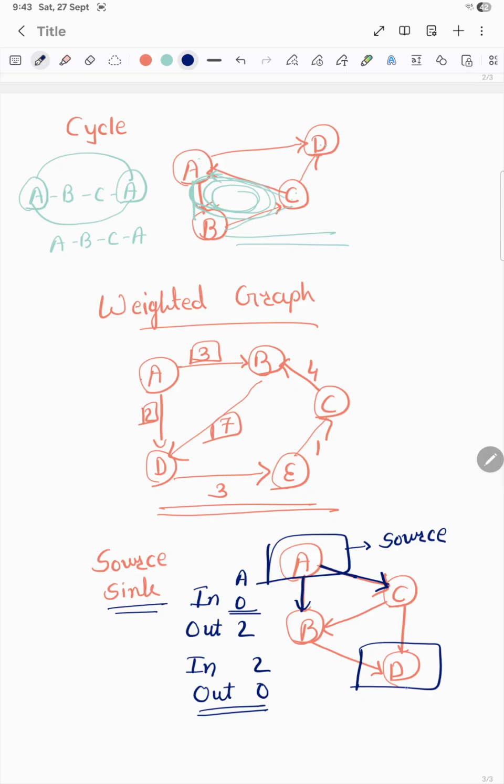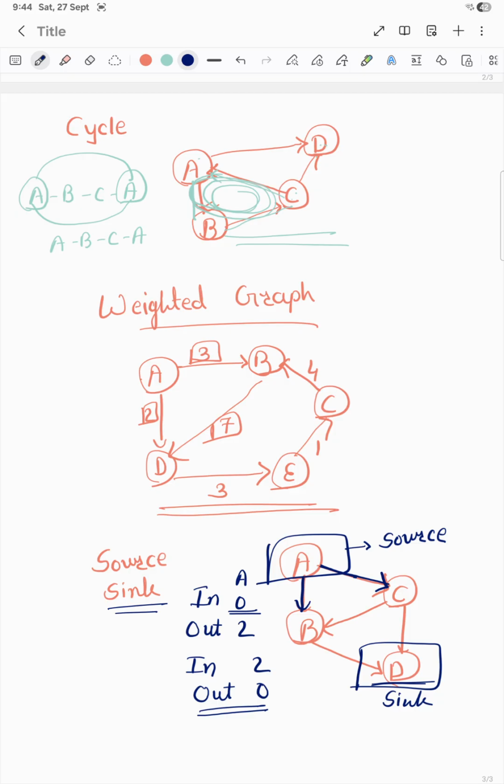So this kind of node is known as a sink node. So that is source and sink. This is also used in many of the algorithms, so you should be aware of what is source and what is sink, right? These are the basic terms that are used in a graph.